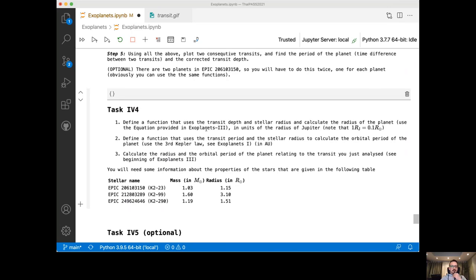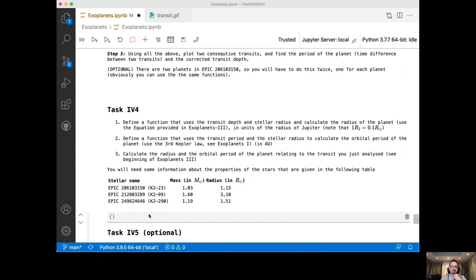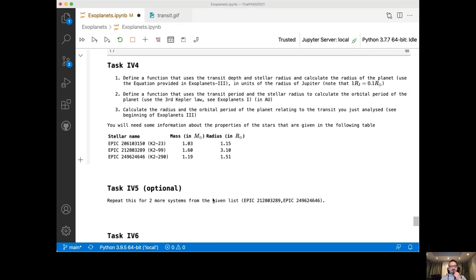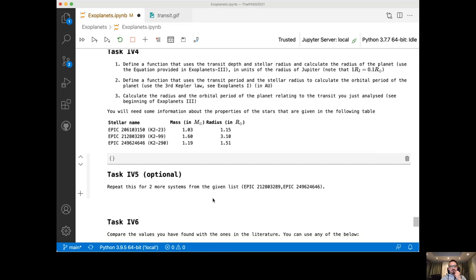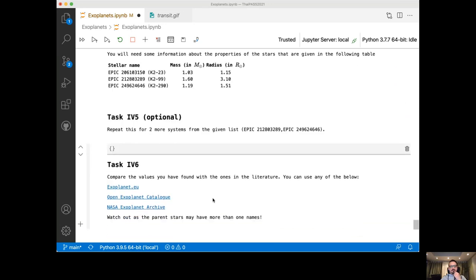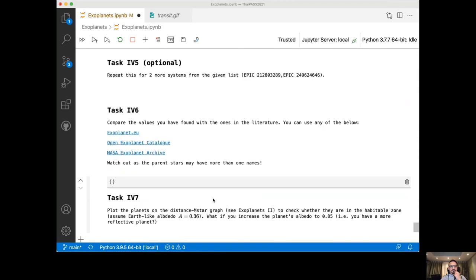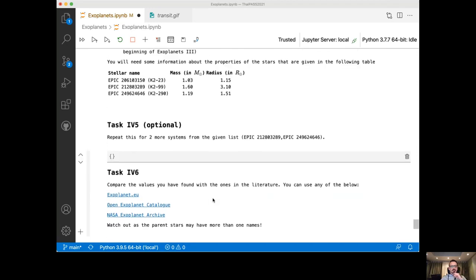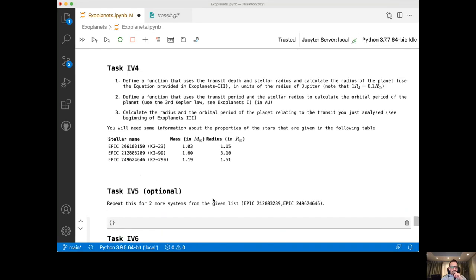Okay, and here I give you the mass of the star and its radius. You need its radius to actually calculate the radius of the planet. And then you can calculate whether this planet is in the habitable zone, but just plot them in the graph from the second task.